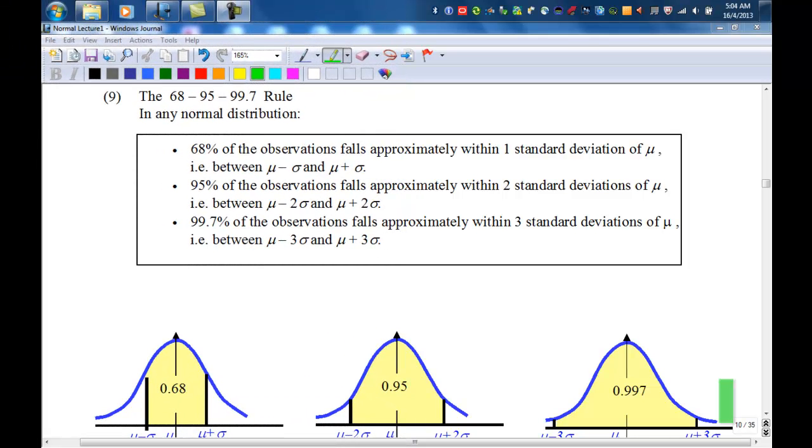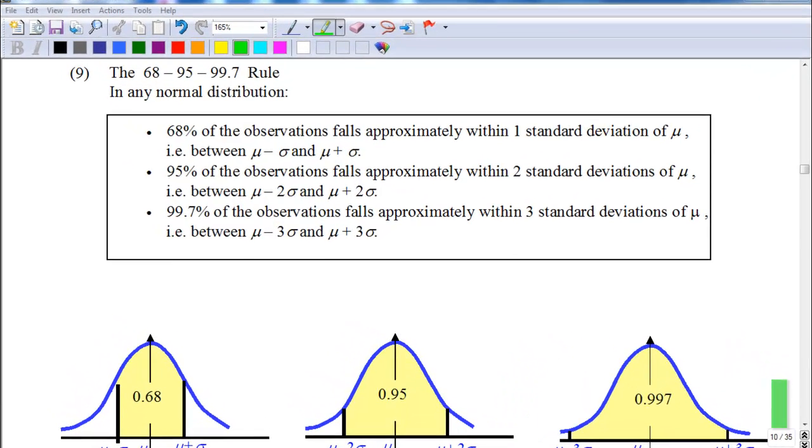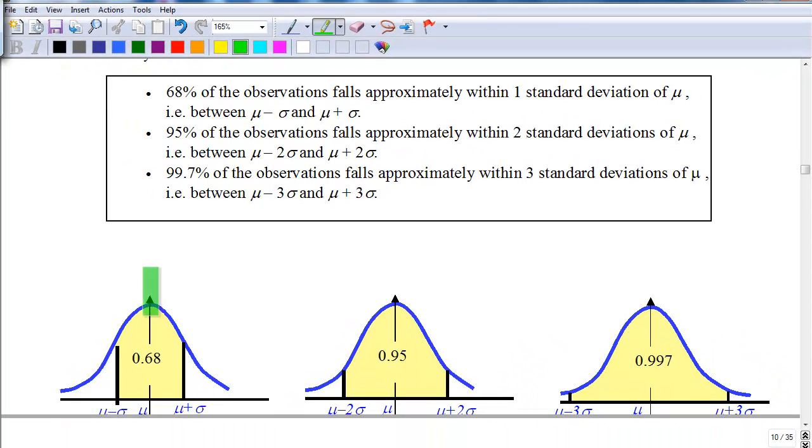Now, property 9 is something really interesting. It says that in any normal distribution, if I mark out the mean, and subtract a sigma from the mean and add a sigma to the mean, and I look at the area under the curve bounded by the lines x equals mu minus sigma and x equals mu plus sigma, then I realize that the area under this curve is actually 68% of the total area.